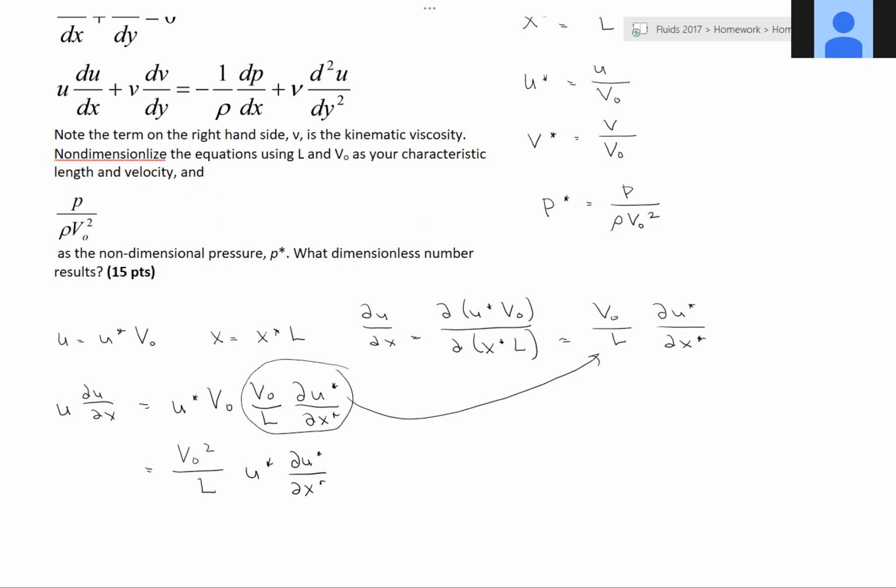So what happens is when you look at your situation and you see that you have a very large Reynolds number, what that means is that particular term is the most important term, and every other term can be considered negligible. And so now, instead of saying, well, this doesn't count and this doesn't count for whatever reason, you know that for this particular flow, only one term is going to be important.